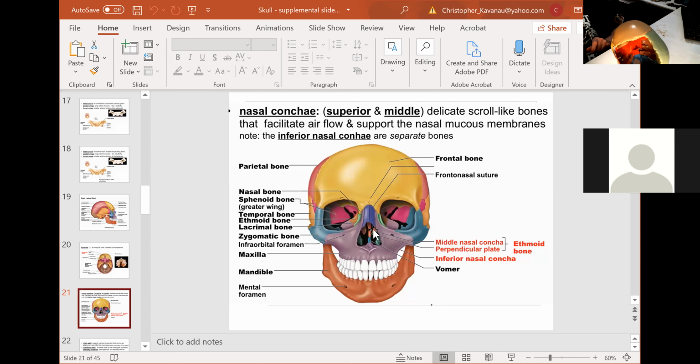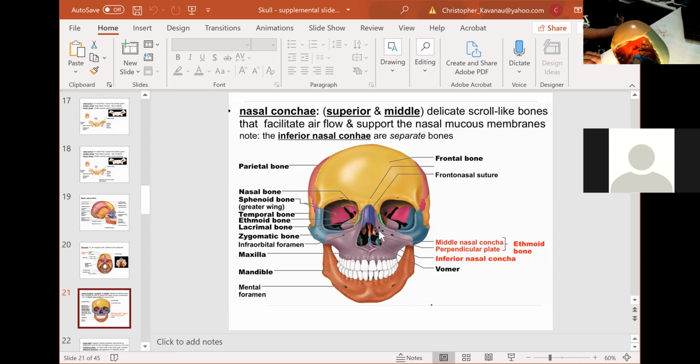Flanking it on both sides laterally is the middle nasal concha. Conchae is plural, and we also have inferior ones. These are scroll-like structures covered with mucous membranes that help cause turbulence in the air when you're breathing.